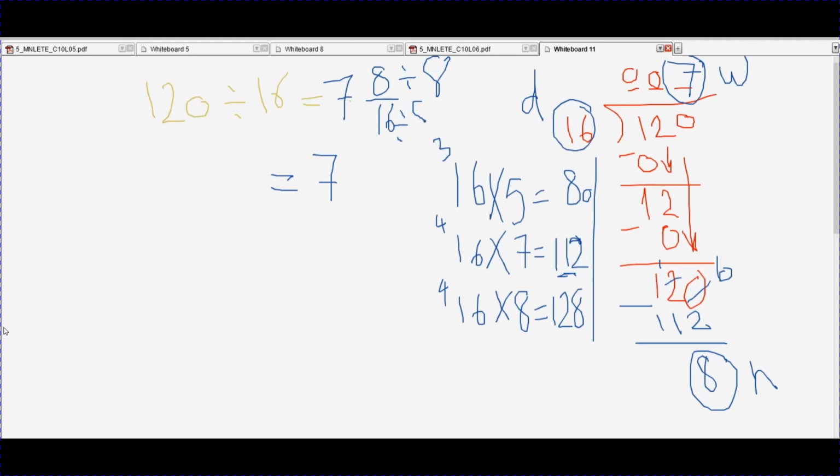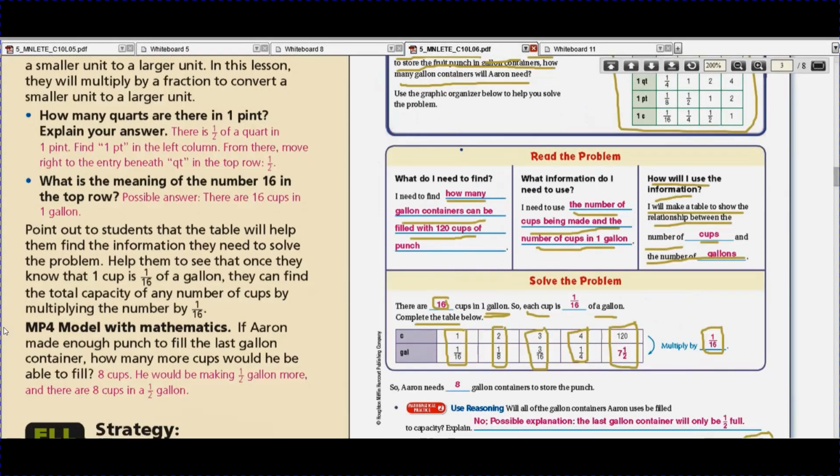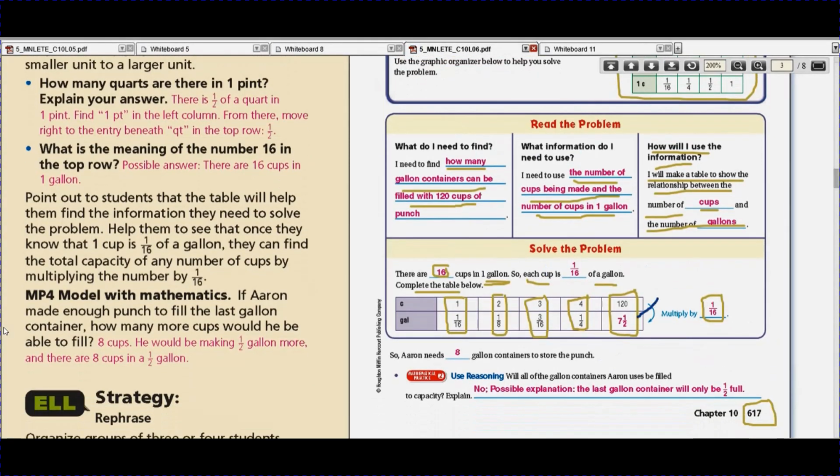Because 16 and 8 are in the table of 8, we can divide both of them by 8, so it will be 1 over 2. So the answer is 7 and 1 over 2. Okay, let's move back to our lesson. So the answer here is 7 and 1 over 2.